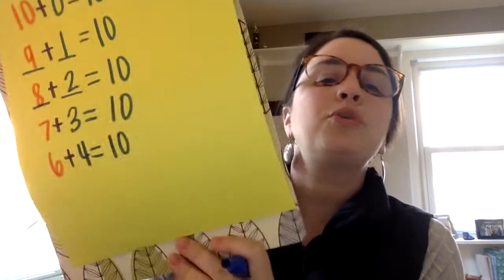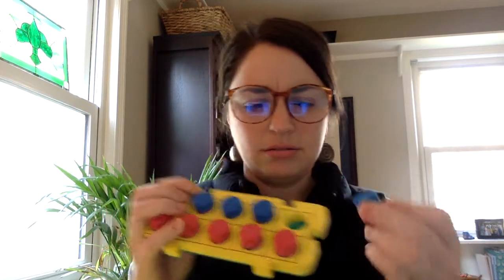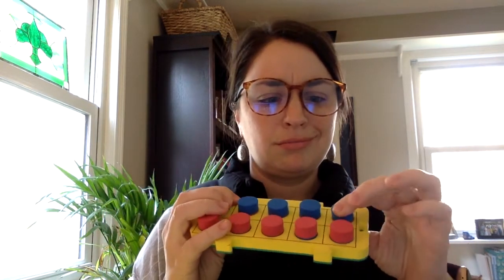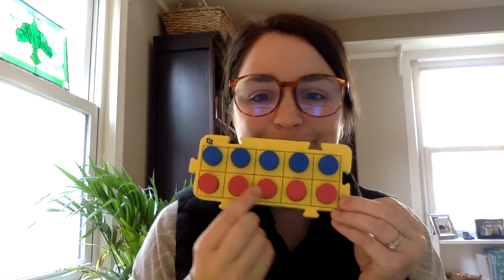Okay, I'm going to change over one more blue. And then I'll get 5 blues and 5 reds. Oh my goodness, my strategies are now kind of together.